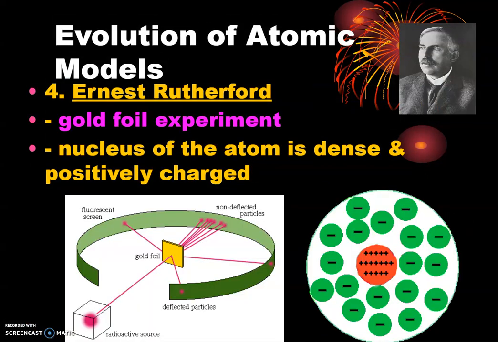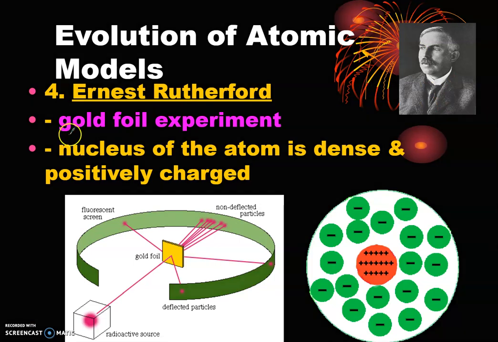Okay, fourth was Ernest Rutherford, and he had the famous gold foil experiment, and that gold foil is where he shot those radioactive alpha particles, as we also learned from our radioactivity chapter, nuclear chapter, the helium atoms. And he's going to shoot them at the gold foil.